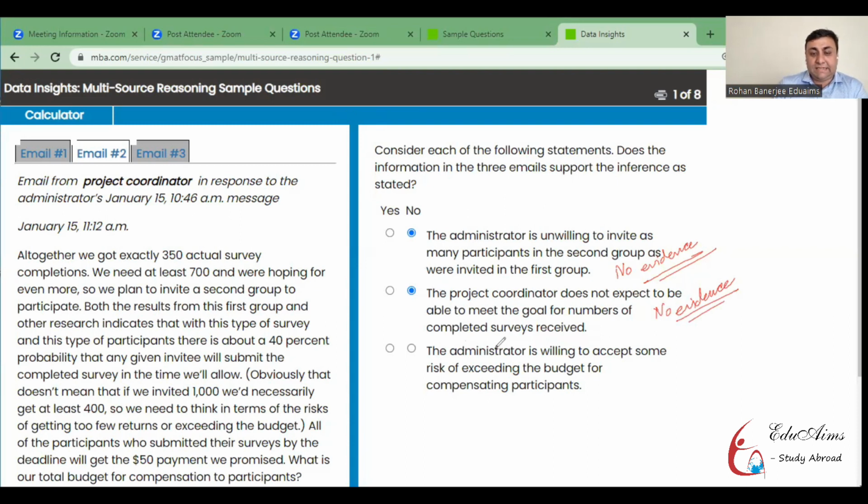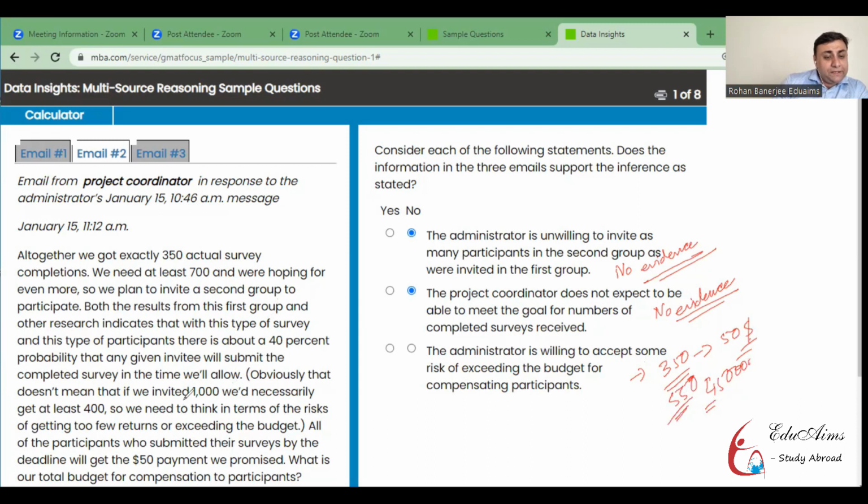The third one says the administrator is willing to accept some risk of exceeding the budget for compensating participants. Now you see, they have received 350 surveys, right? So $50 is what they will pay. If their budget is $45,000, then they would be able to pay an additional 550 people.